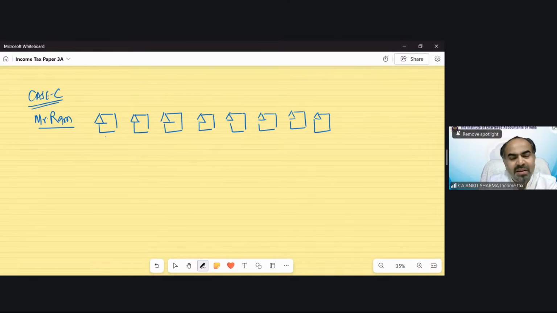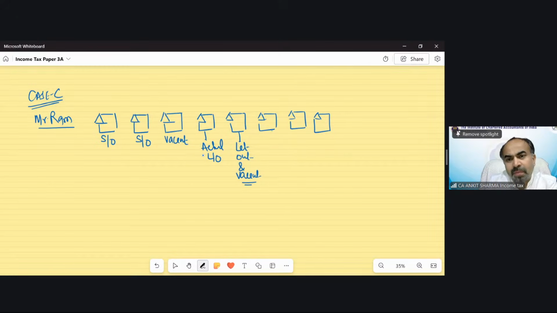You understand? Suppose this house is self-occupied. This is also self-occupied. This is vacant. This is actual let out. This is let out and sometimes vacant.